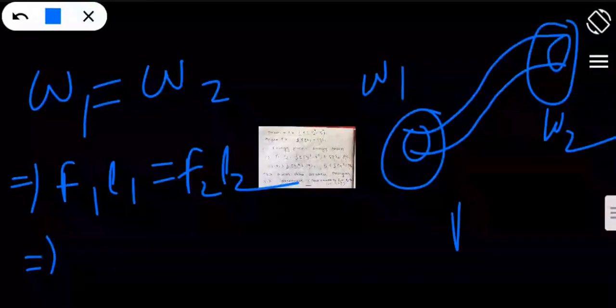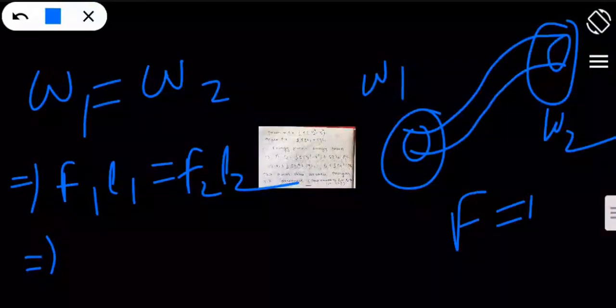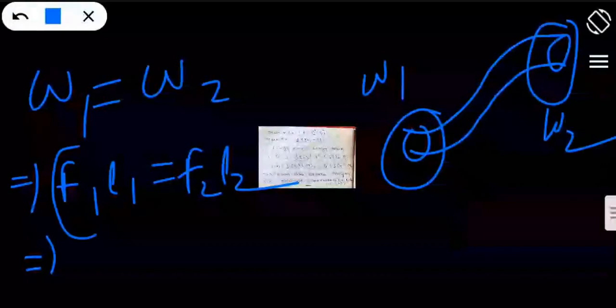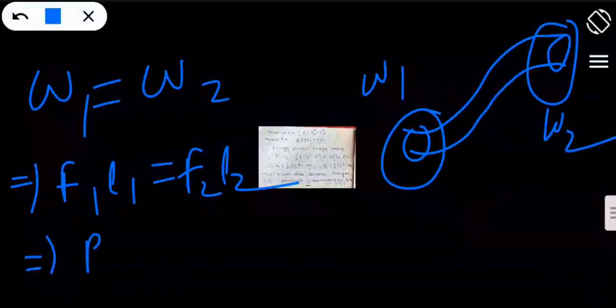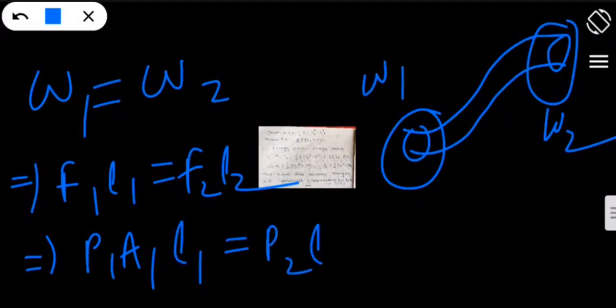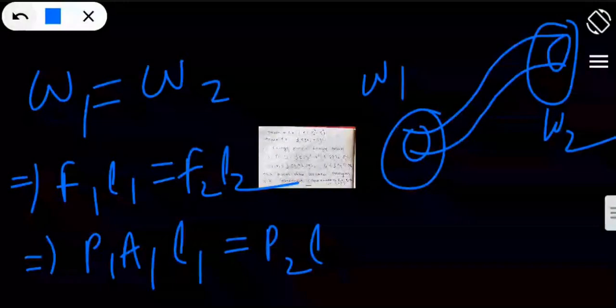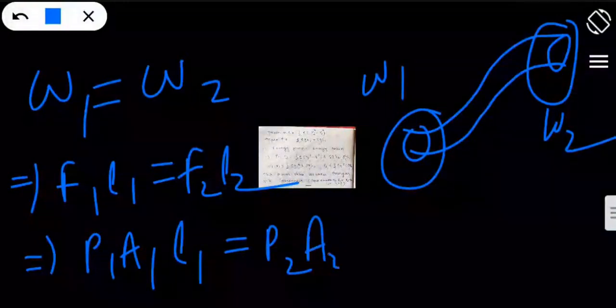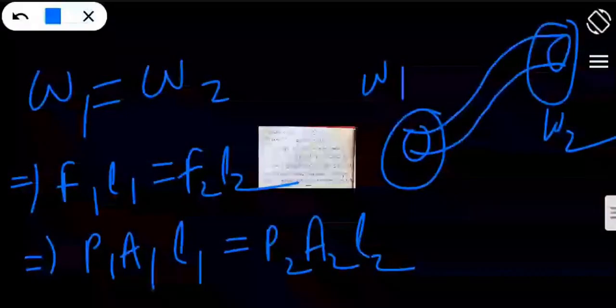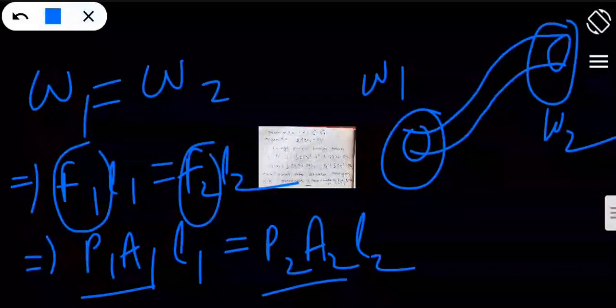You know the formula, force equals pressure into area, P into A. So F1 is equal to P1 A1 into L1 equal to P2 A2 into L2. Are you getting my point? Here I am converting force 1 into P1 A1 and force 2 into P2 A2.